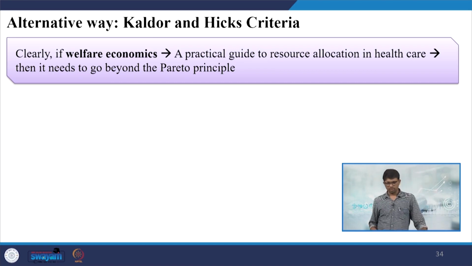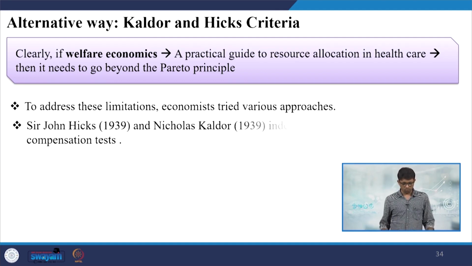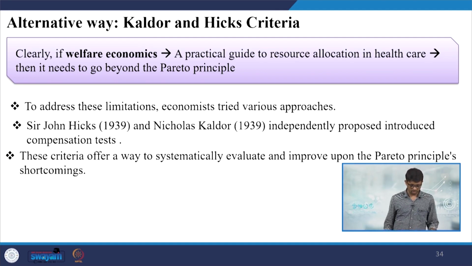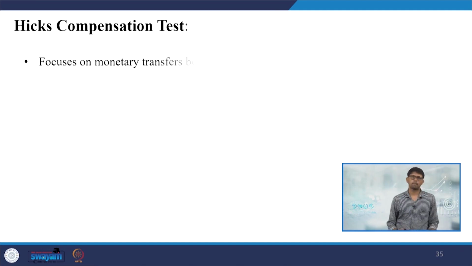Basically, to find the best possible bundle in terms of resource allocation, we need to go beyond the Pareto principle. To address this, we have taken the help of Hicks' 1939 work and Nicholas Kaldor's 1939 papers. They introduced the compensation test. The criteria offer a way to systematically evaluate and improve upon the Pareto principle's shortcomings.